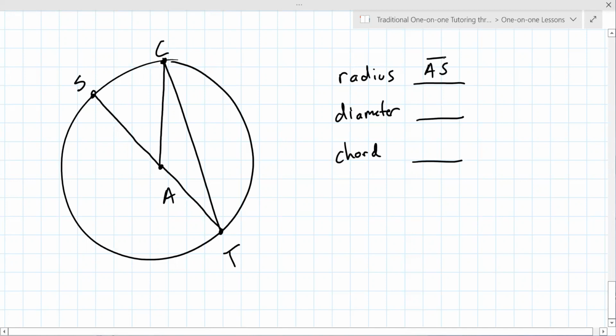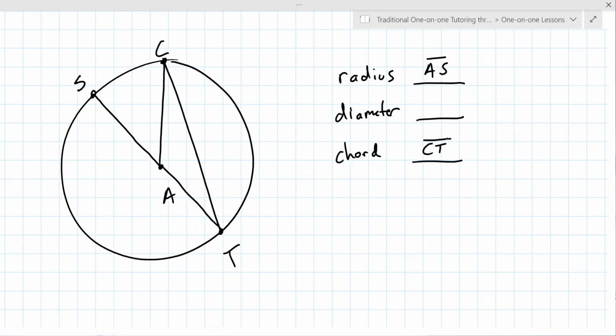And then a chord is C to T. Okay, good. And then diameter is, you could say it has the... You can only give me 2 letters. Go ahead. Like large diameter.